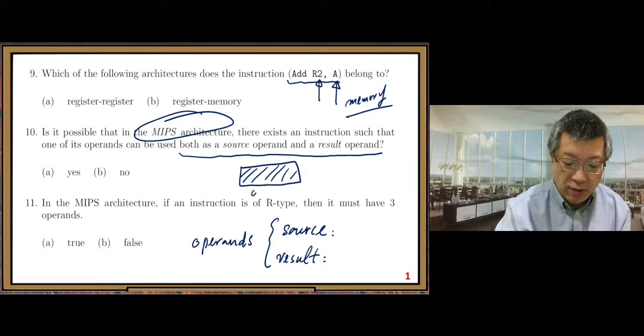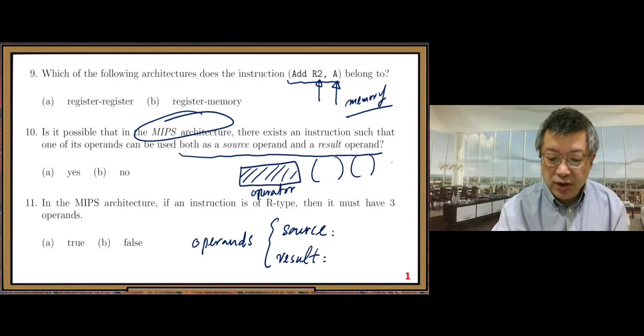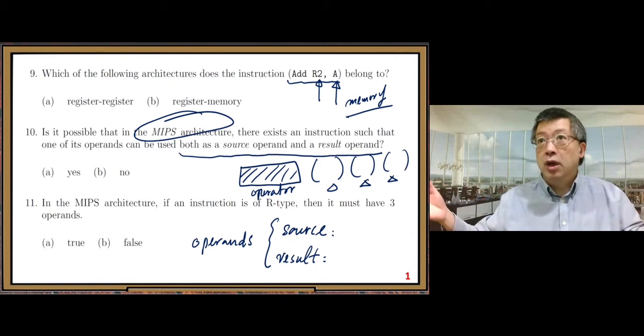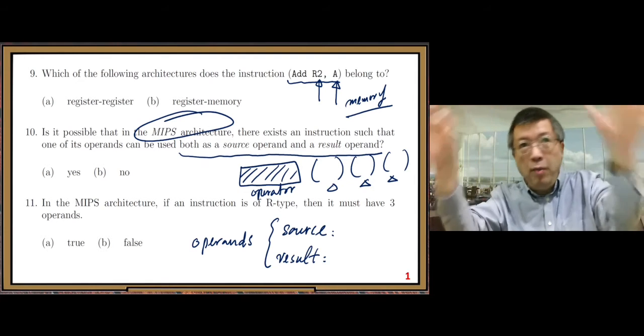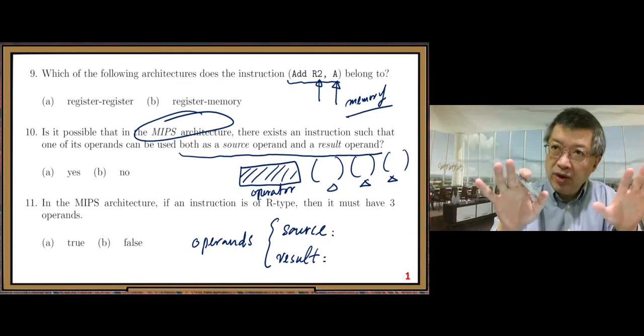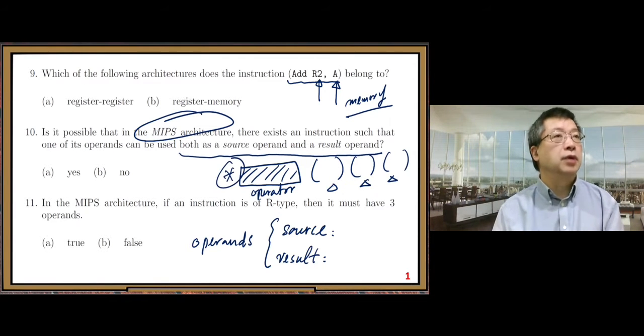This part is the operator. Then this operator is applied on operands, no matter source or result, all operands. Operator is applied on operands. That's the terminology we use here. So no matter source or result, we count them as operands under this operator.